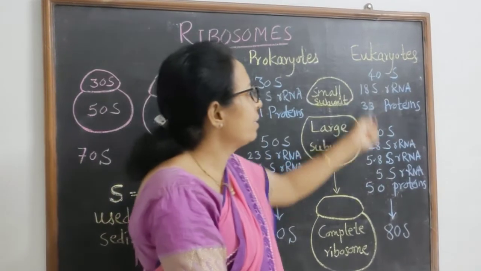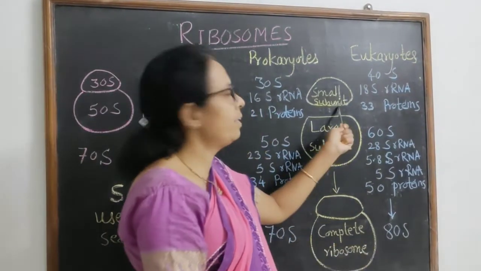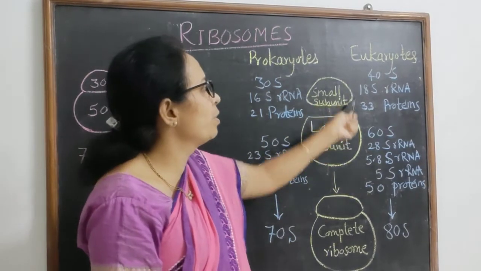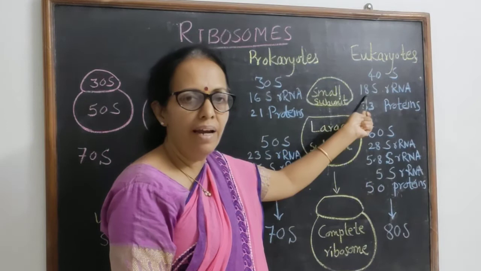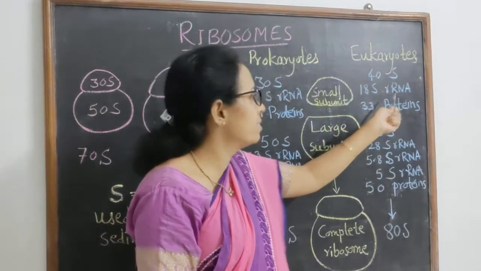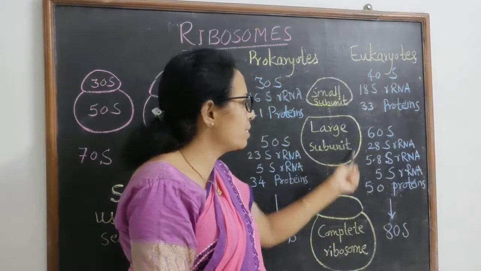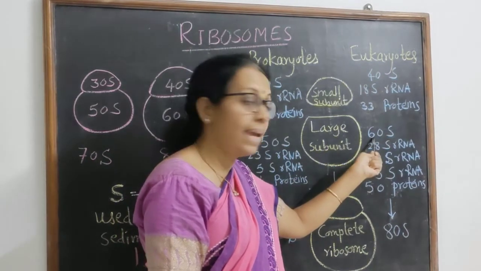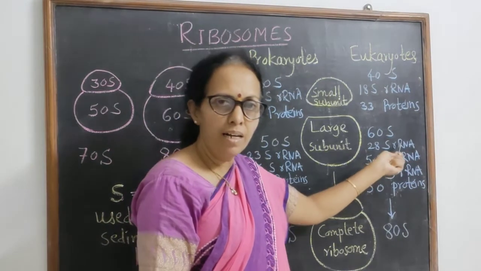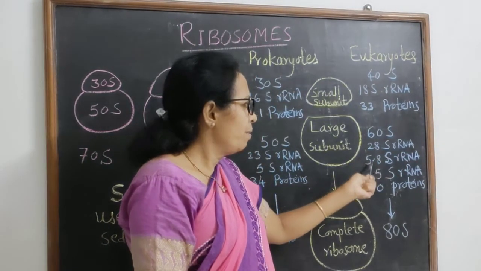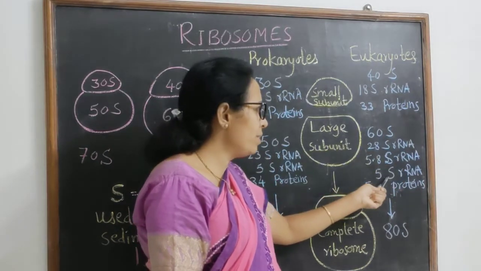In eukaryotes, where we observe the 80S type, the smaller subunit is 40S, which is formed by 18S rRNA and 33 proteins. The large subunit, which is 60S, has 28S rRNA, 5.8S rRNA, and 5S rRNA.